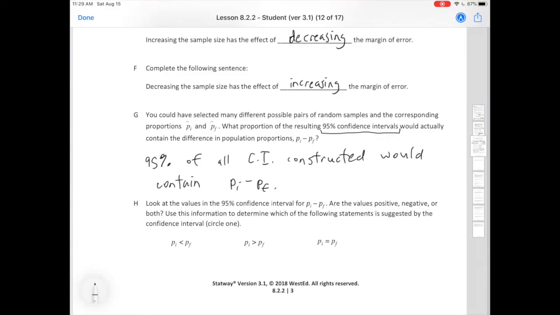Look at the values in the 95% confidence interval for pi minus pf. Are the values positive, negative, or both? And use this information to determine which of the following statements is suggested by the confidence interval. Okay, guys, so this has to do with interpretation. When we're looking at a difference, what we really care about is which one is larger.